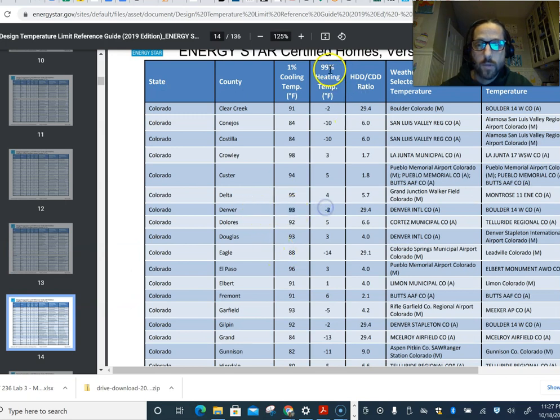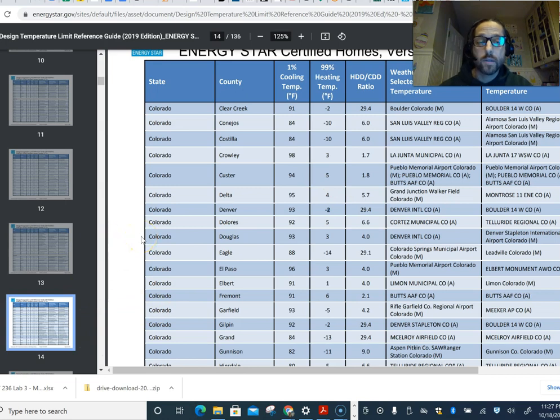So my design temperature, this is my 99% heating temperature. It's minus 2 degrees Fahrenheit. So remember, in my design temperature, that means that this is the 99%. So that means it's warmer than this, minus 2 degrees, 99% of the year. In other words, it's colder than that only 1% of the year. Okay, so that's my design temp.